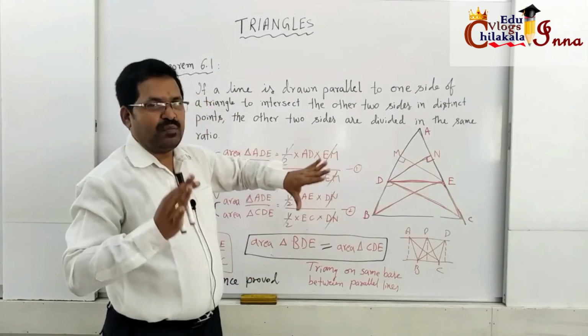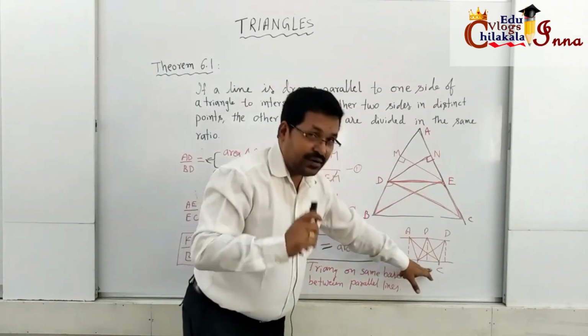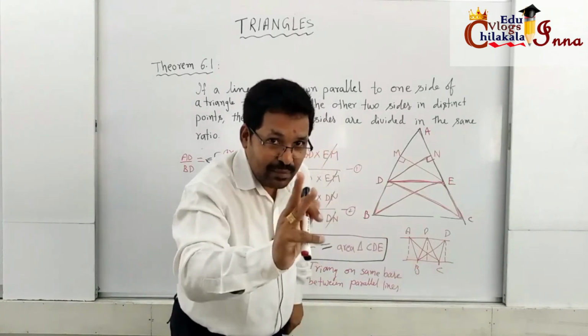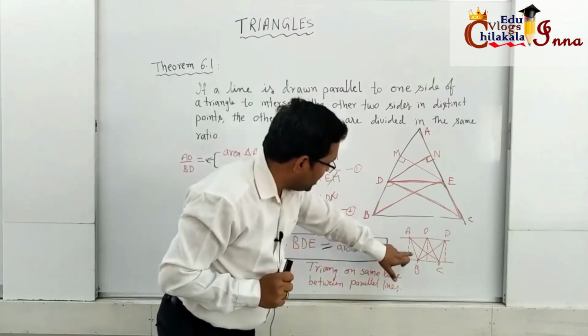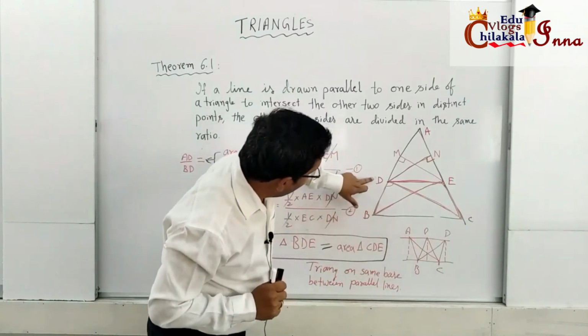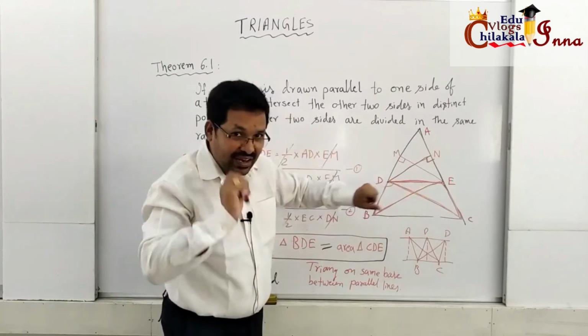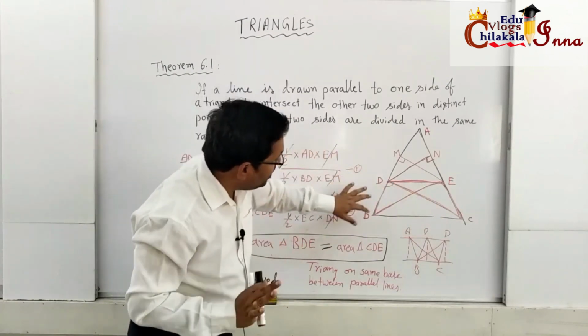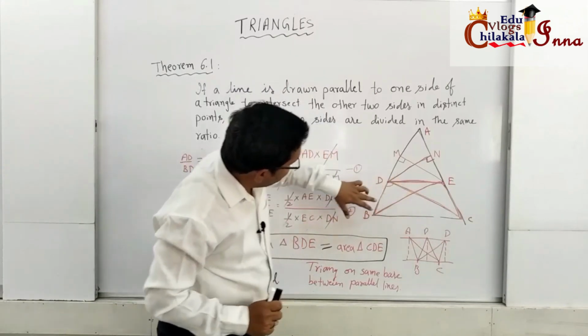Understand step by step. And don't forget, the areas of triangles on the same base between two parallel lines are equal. That's why the areas of triangle BDE and triangle DCE are equal. And one more thing you should remember: BDE is an obtuse angle triangle.